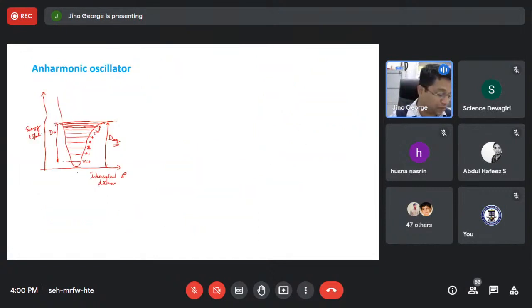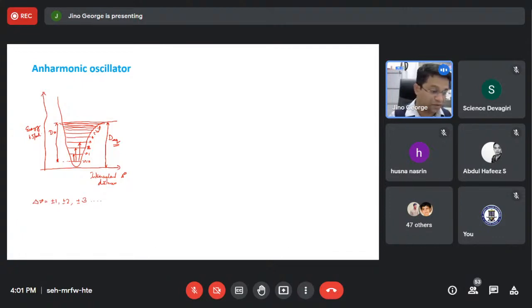Whereas for an anharmonic well, you have a selection rule in which delta v is equal to plus or minus 1, plus or minus 2, plus or minus 3, etc. That means I can have transitions from here to here, because it is anharmonic. The population strength and all will differ; I don't go into those details.